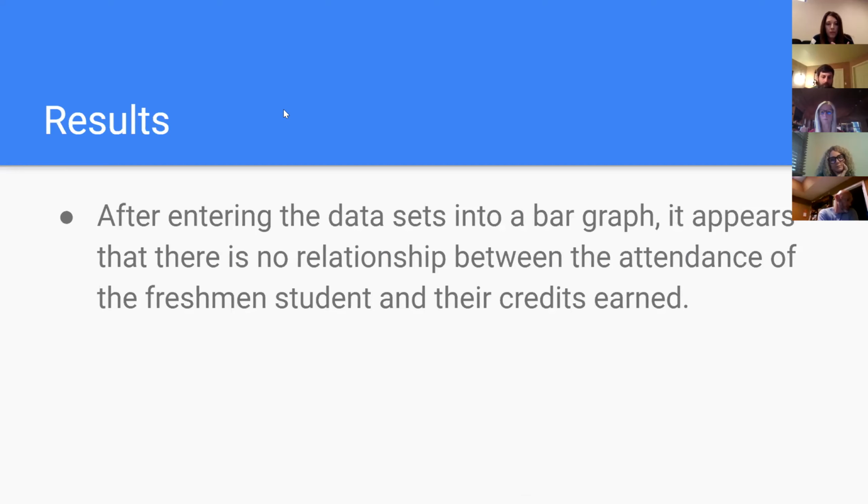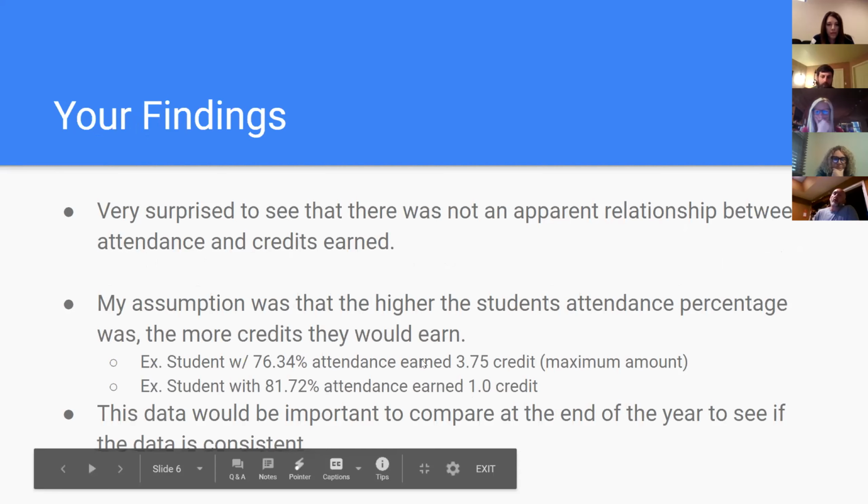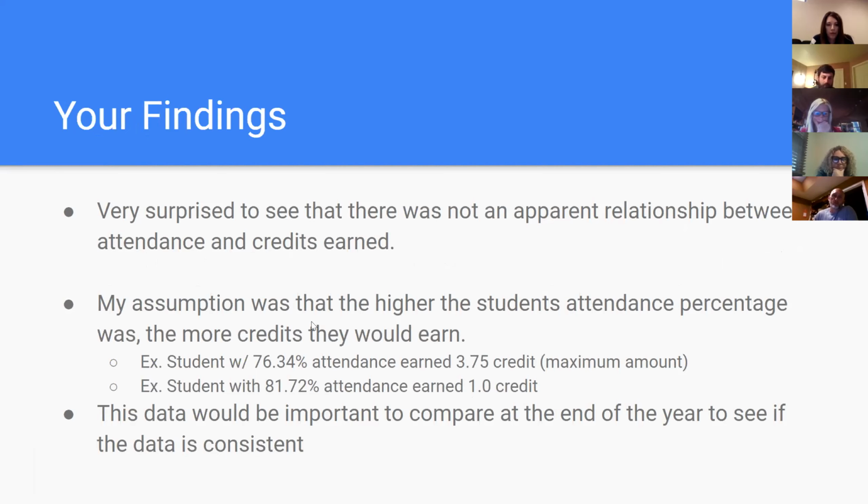And then some findings that I was looking at after I thought about it. One, again, I was very surprised to see that there wasn't a relationship. I already talked about my assumptions, but for example, a student with 76% attendance earned 3.75 credits. And without them going to summer school going into their freshman year, that's the max that they could have earned.